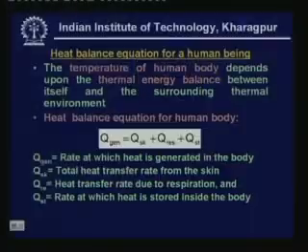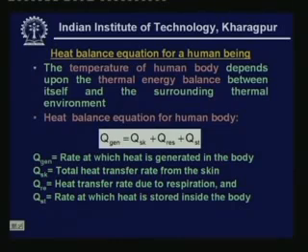This heat balance equation for a human body is given like this: Q_gen is equal to Q_sk plus Q_res plus Q_st, where Q_gen is the rate at which heat is generated in the body.